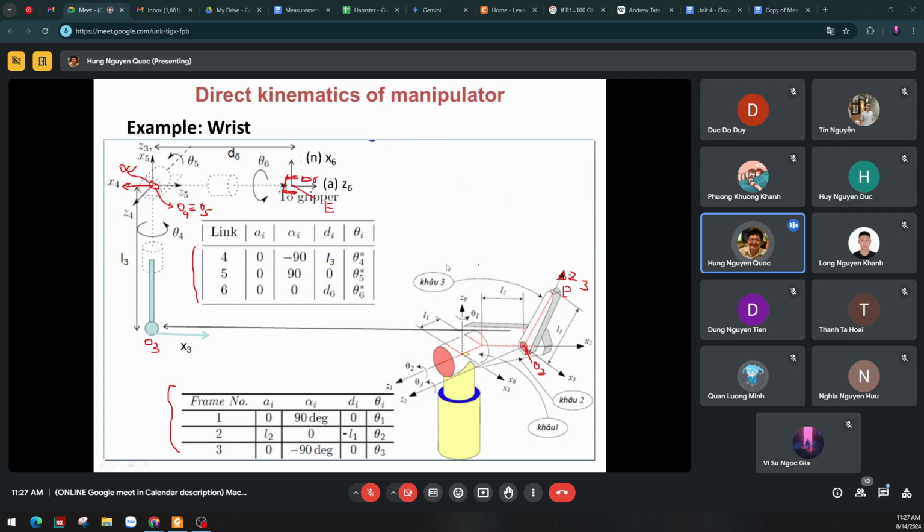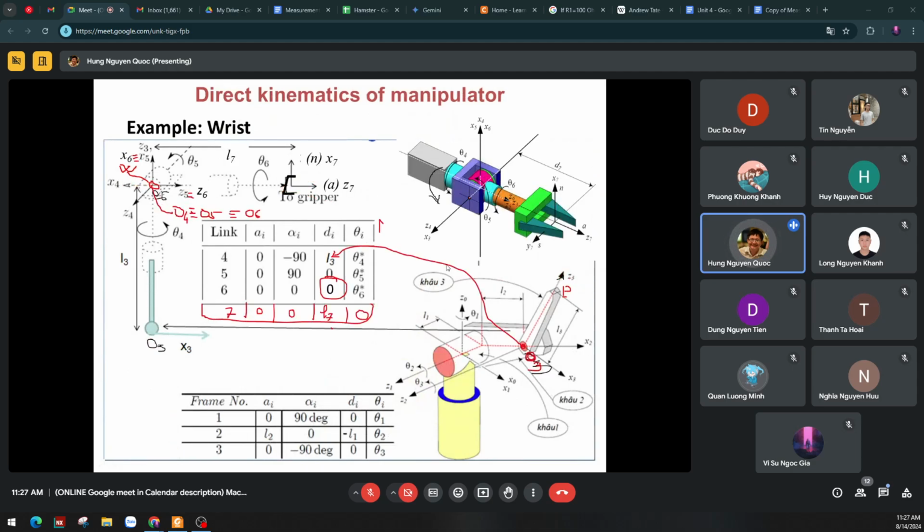Now for example, I will show you one more. This is just some researchers. They want to put the 0 coordinate here, then they put another one here. So we have coordinate 7, but the 7 has no variable.